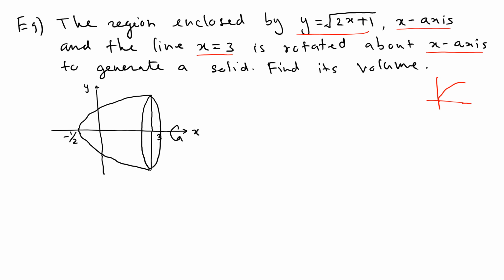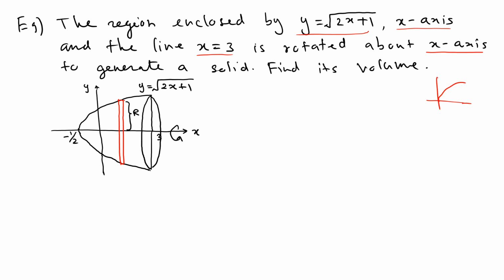typical radius here. So that's what you get when you cut it. Again, what you need is the radius. So the radius is r. You can find that because it's simply the y coordinate. This curve is y equals the square root of 2x plus 1, and you can see the radius is simply the y coordinate.